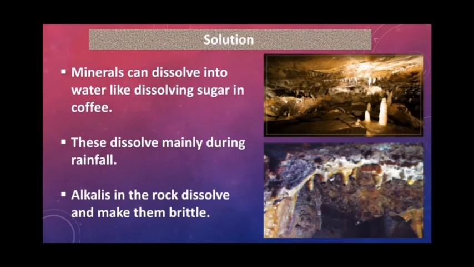At Vadgaon Darya in Ahmednagar district, limestones get precipitated chemically. That is, it undergoes chemical weathering again and again. Similarly, because of solution, alkalis in the rock dissolve and make them brittle. Brittle means what? Crystal type. You can see that in the picture.